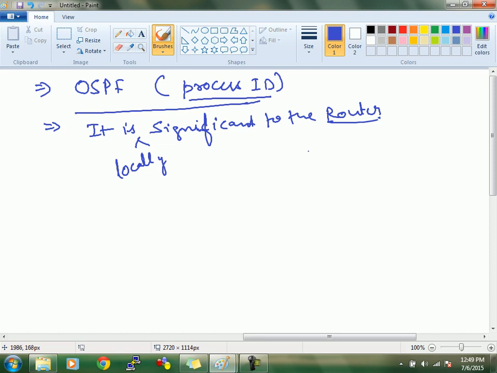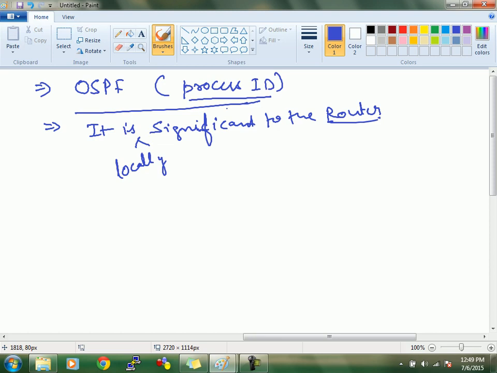What is your name at your home? Your nickname or your home name is just restricted to the house. People outside your house never call you by that name. In a similar case, the process ID of the OSPF process is limited to the router.